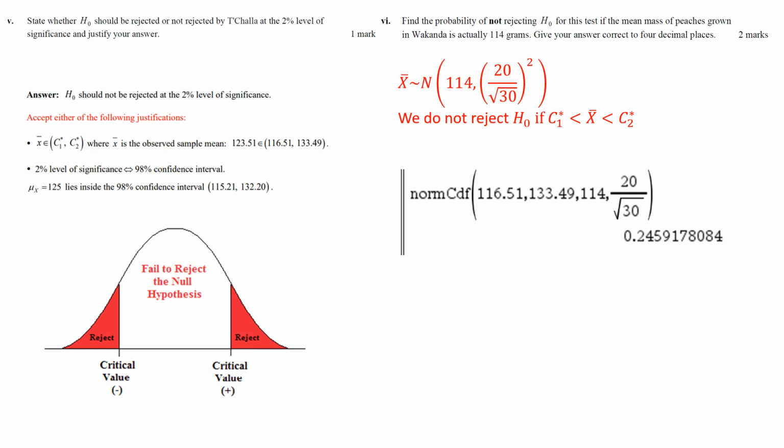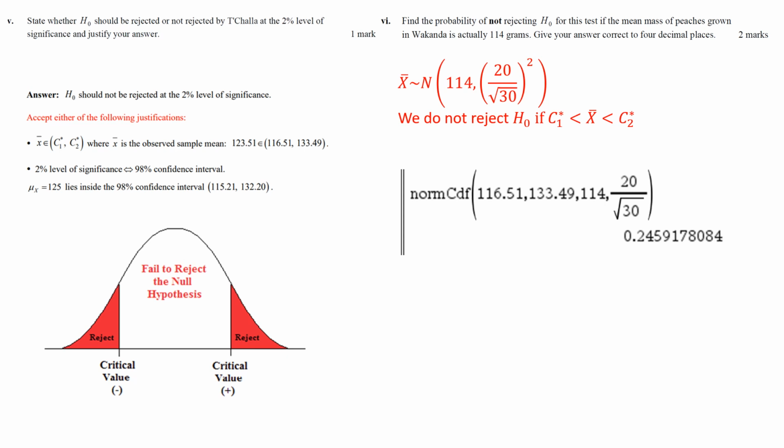For the 2% level of significance, your critical values are these ones here. And if we find the sample mean to be within this area here, then we cannot reject the null hypothesis. In this case, the sample mean is 123.51, which is within that range. So we can conclude that H0 should not be rejected.